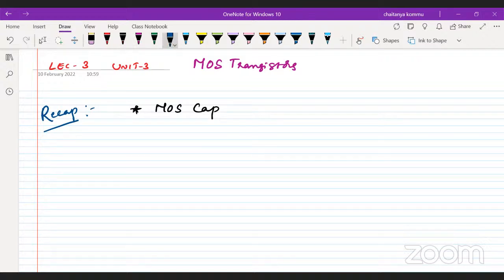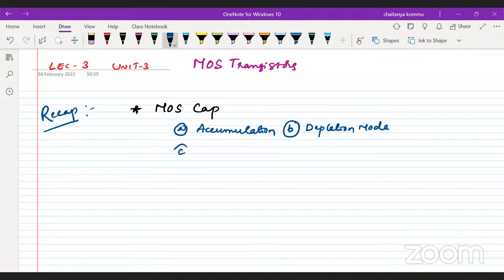The first one is called accumulation. This is one mode that the MOS capacitor has. The next one is called depletion mode, and the third one is inversion region or inversion mode.